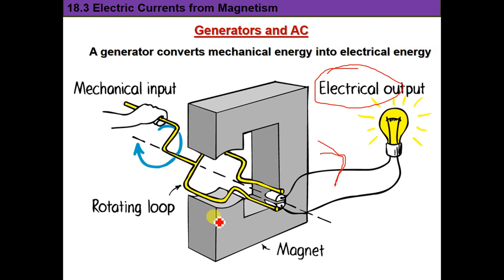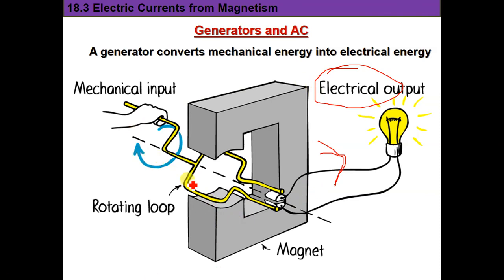And we said if the wire is parallel to the magnetic field, no current will be produced. But if it's not parallel, there will be current, and the current produced depends on the orientation of this loop inside the magnet.